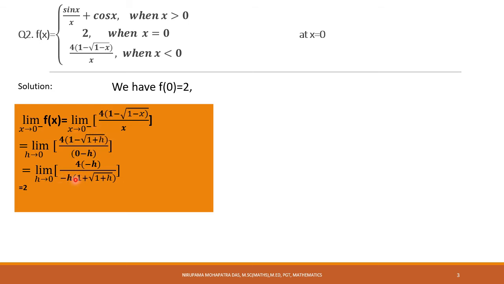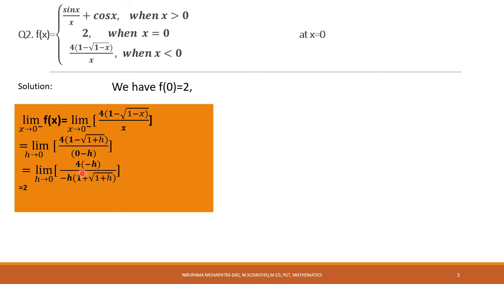So 4 times (1 minus √(1+h)), multiply numerator and denominator by (1 plus √(1+h)), and we are getting 4 times minus h by minus h into (1 plus √(1+h)).